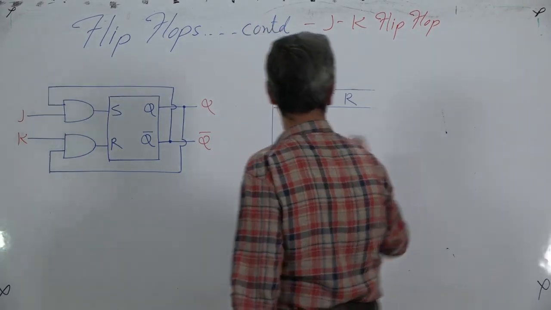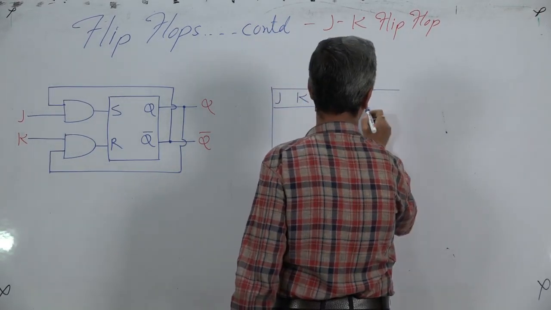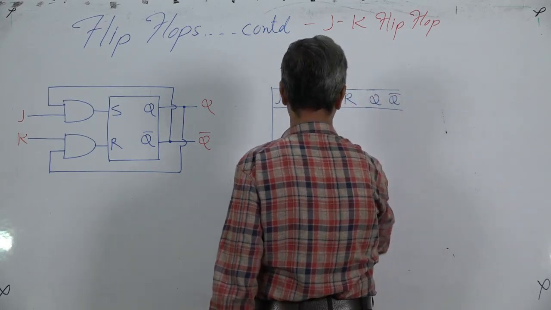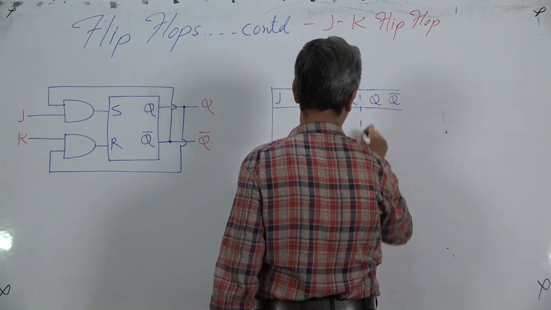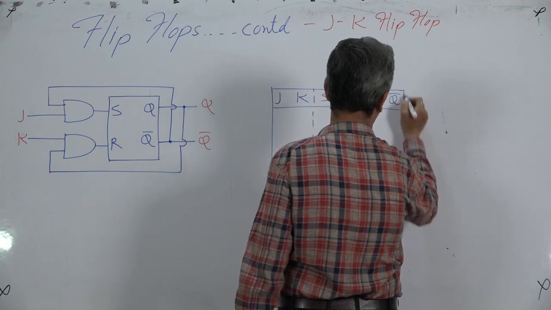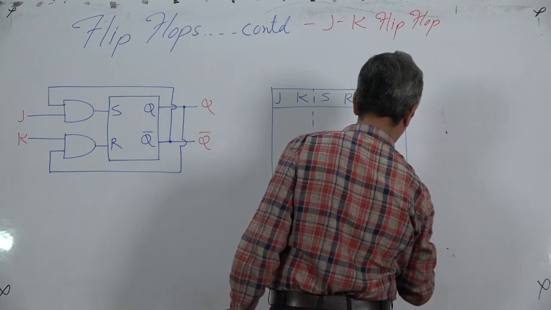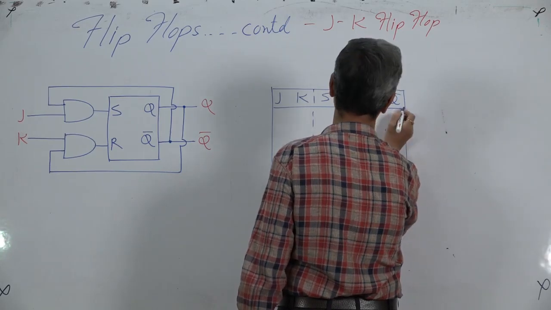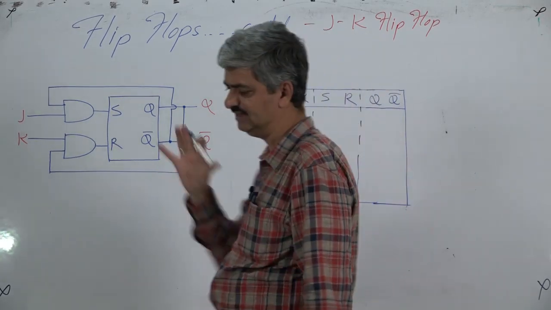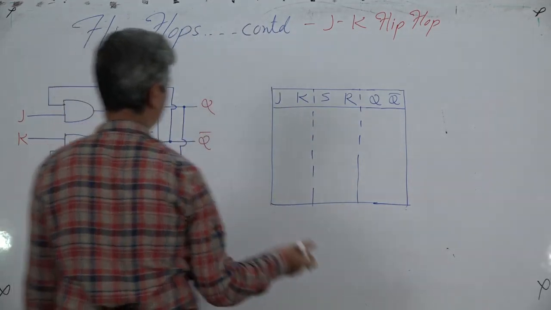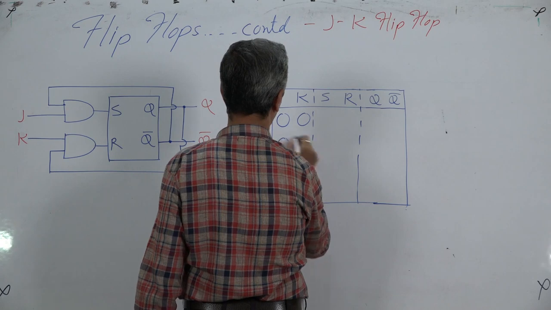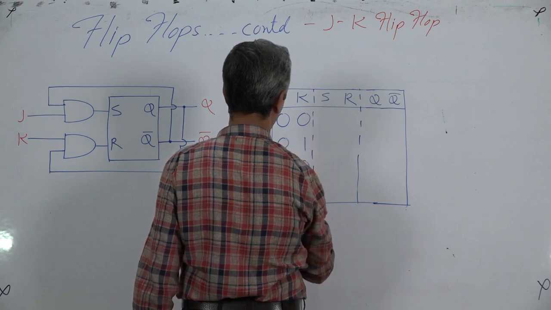So we require 6 columns. As I had already stated, it's very interesting, and even though it's a first year course for non-domain students, we are explaining in enough detail. Now we can have various combinations, simply 0 0, 0 1, 1 0, and 1 1.